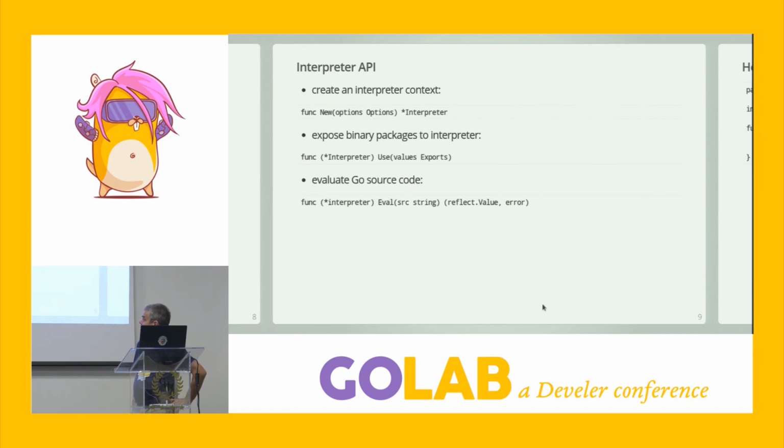We have a third API function, which is Use. Use allows the application to export some binary modules to the interpreter. It makes some compiled code visible to the interpreter. And we have provided in YAEGI a special export object which contains the full standard library, so all the packages of the standard library.